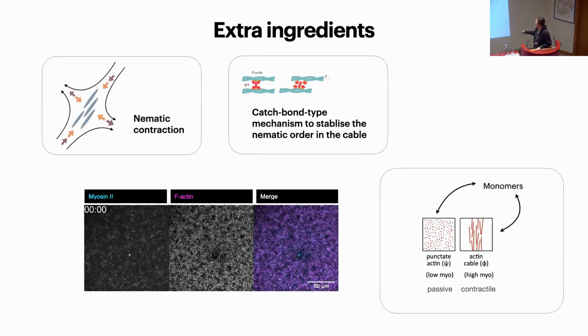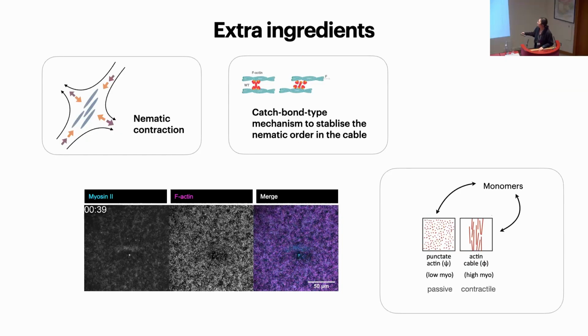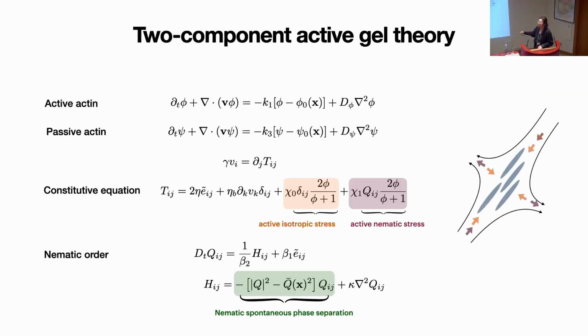Then we realized that if we just say the monomer density is large, effectively both of them have their own target densities. We make this target density vary in time such that the active actin is only seen in the band region, whereas the passive actin is seen in the rest of the cortex.